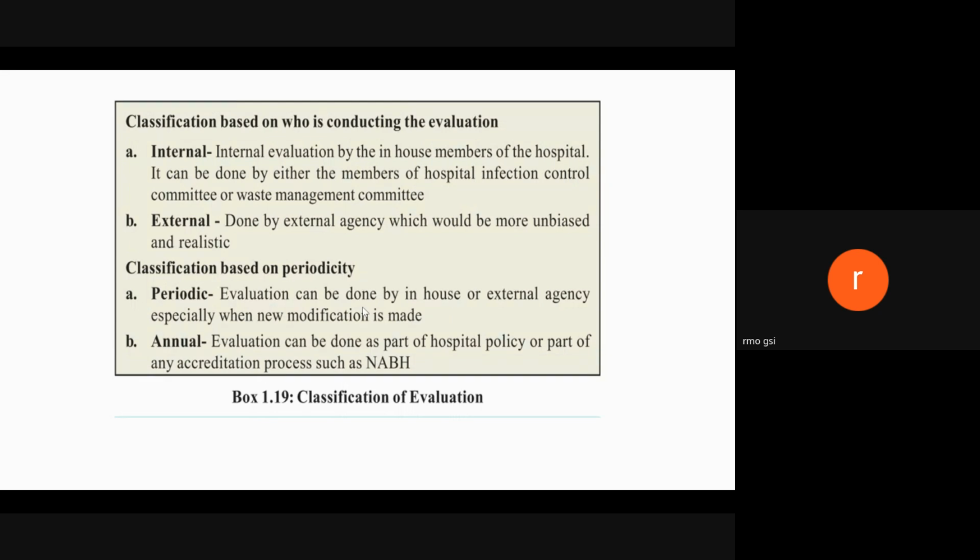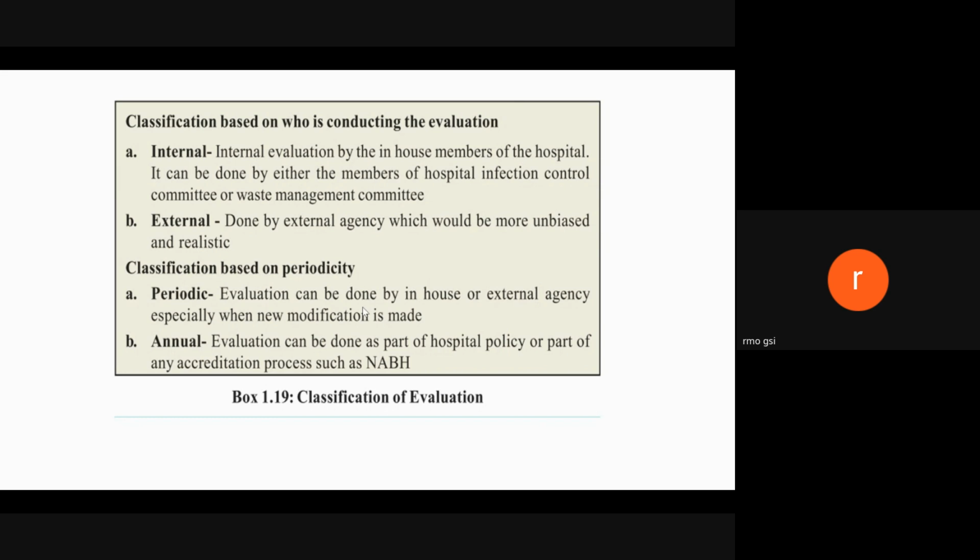Who is conducting the evaluation is based on the following criteria. It may be internal or external. Our infection control team, infection control committee or waste management committee can do internal evaluation, or external evaluation can be done by the regulatory authority, which is more unbiased and realistic.